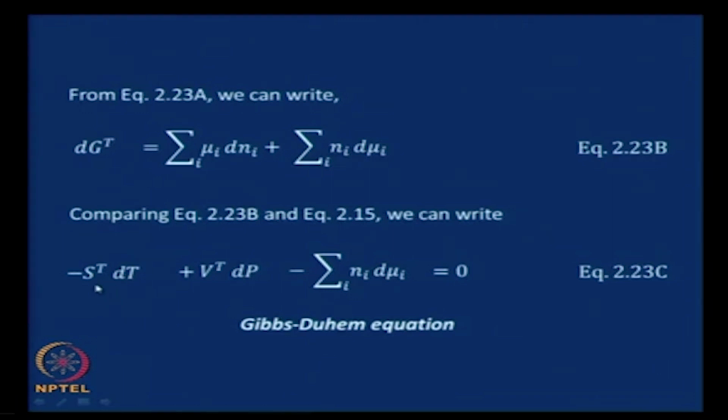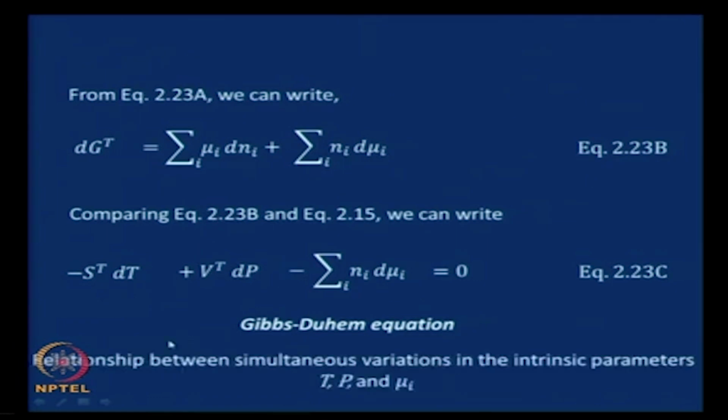Note the variables that are here: S_t, the total entropy, which is a state function; temperature, state function; V_t, a state function; P, pressure, state function; n_i, the number of moles, depends on the state; mu_i definitely depends on the state. Therefore this is an equation of all state variables, and therefore this is valid in general.